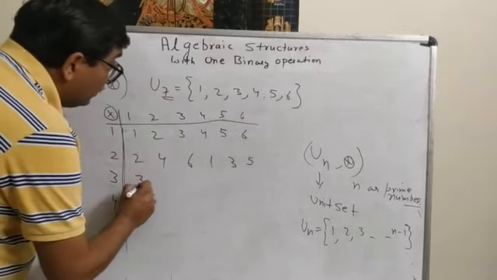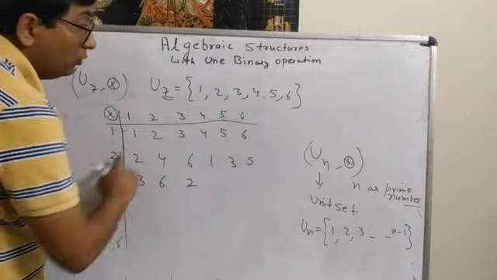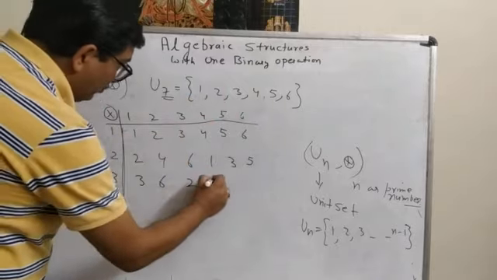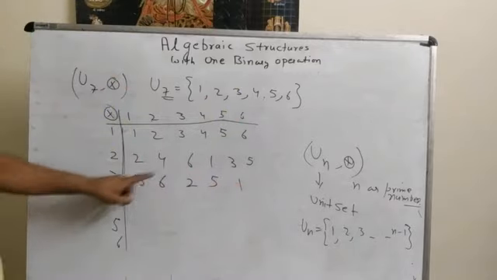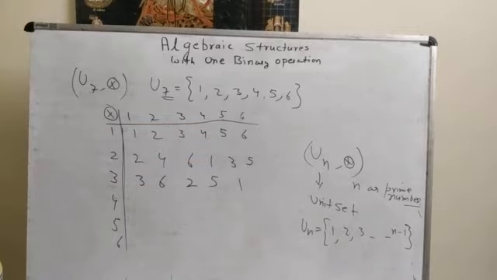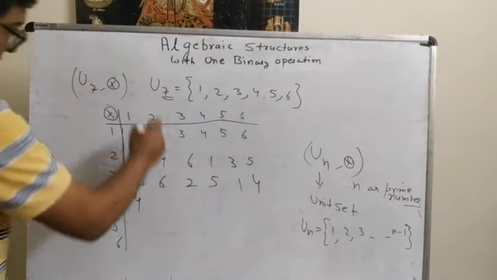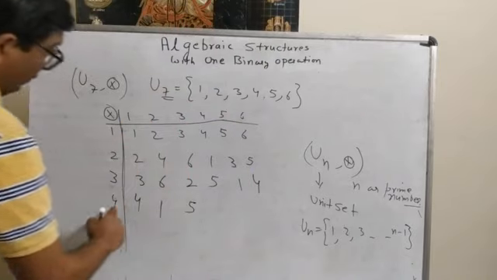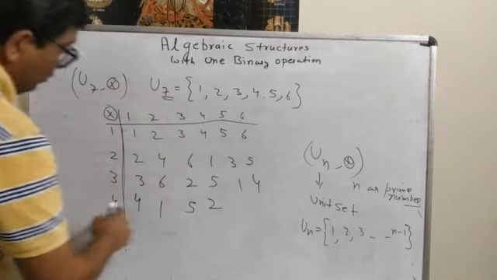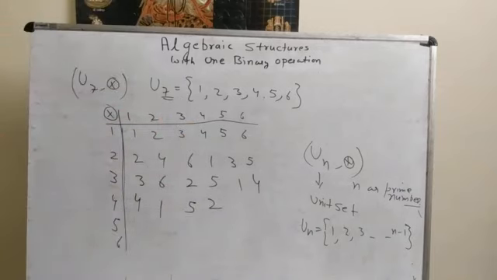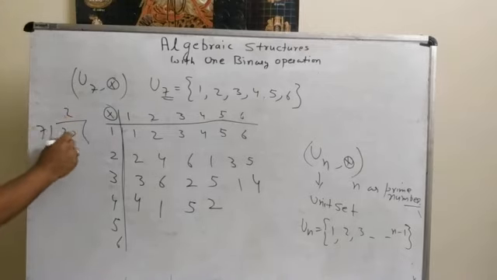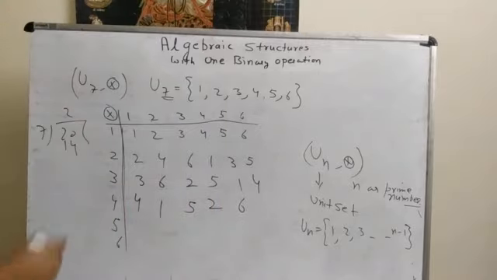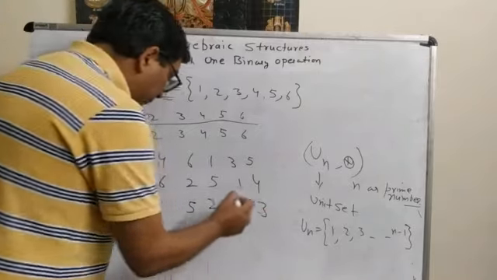For 3: 3, 6, 9 means 2, 12 means 5, 15 means 1. For 4: 4, 8 means 1, 12 means 5, 16 means 2, 20 means 6, 24 means 3.